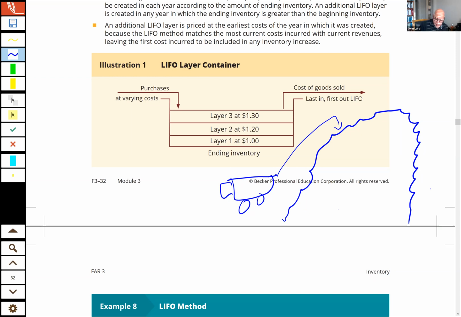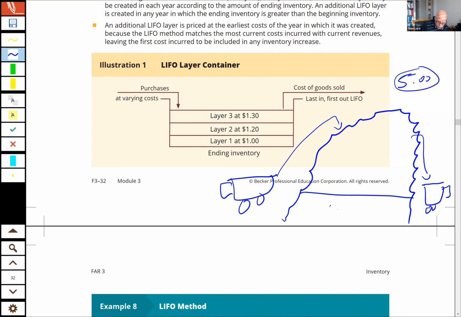Then what happens? Then say your landscaper, who's going to put some decorative rock in your backyard, comes, and when they take that inventory, they do what? They take it off the top of the pile, right? You're not going to dig down to the bottom and take them out of the bottom, okay? Now, the rock guy is selling you the rocks for $5.